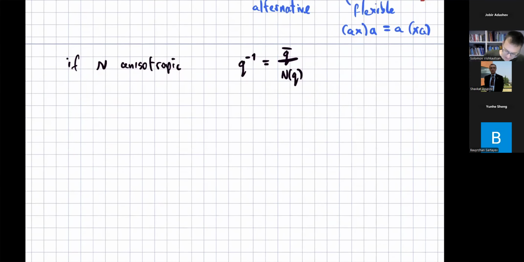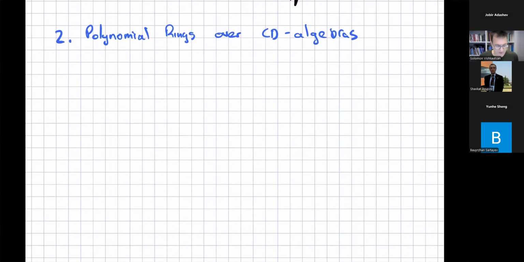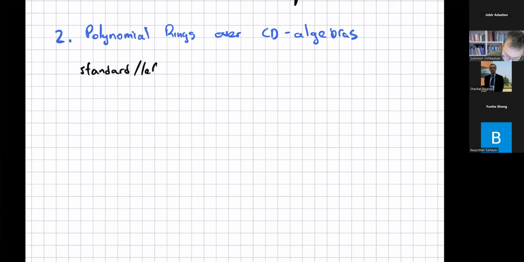So now part 2 is polynomial rings over Cayley-Dickson algebras. The first type of polynomial ring are standard or left polynomial rings.